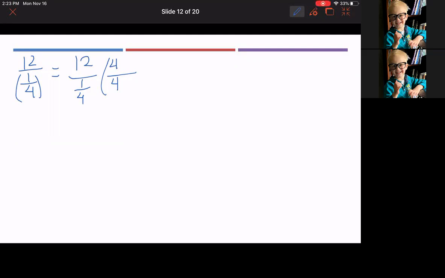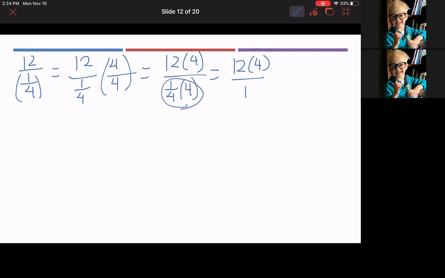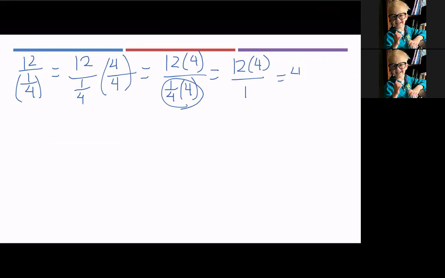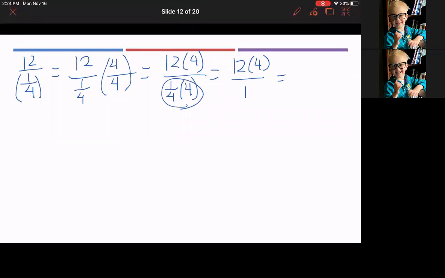So whatever I do to the denominator, I need to do to the numerator. And so what you see is this 12 times 4 in the numerator, and then we have 1/4 times 4 in the denominator. And so 12 times 4 divided by 1, these two just multiply to 1, 1/4 of 4. And that's what leaves us with the 12 times 4, which is 48.